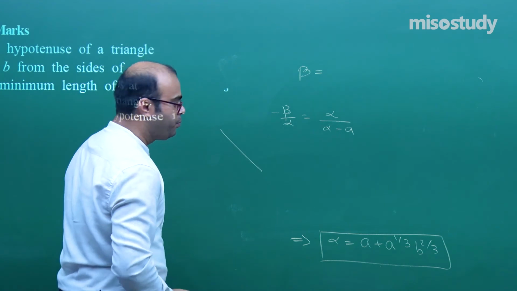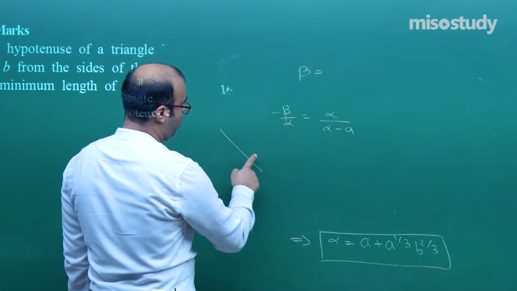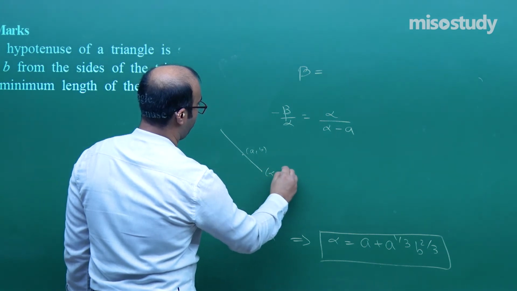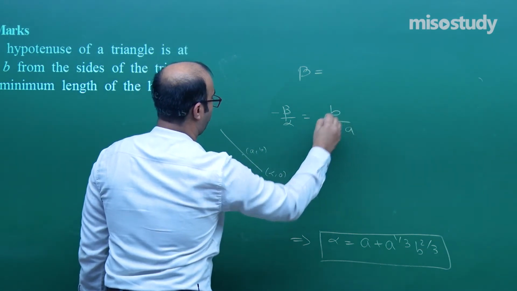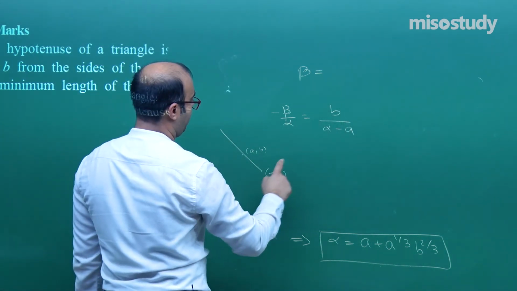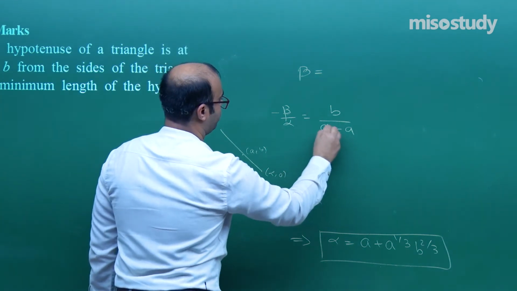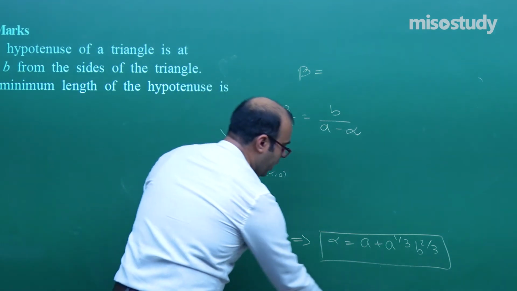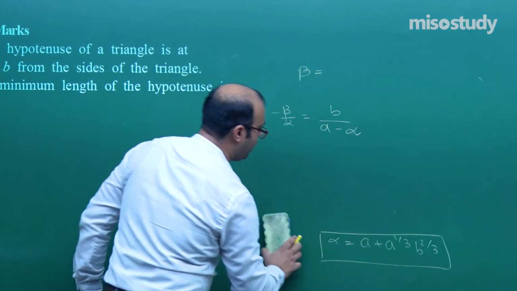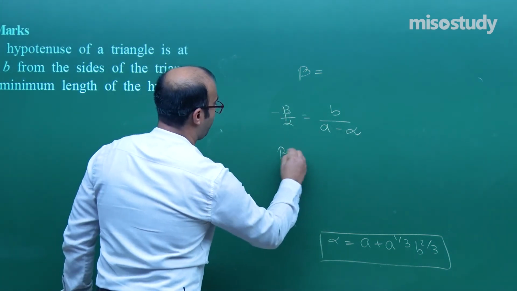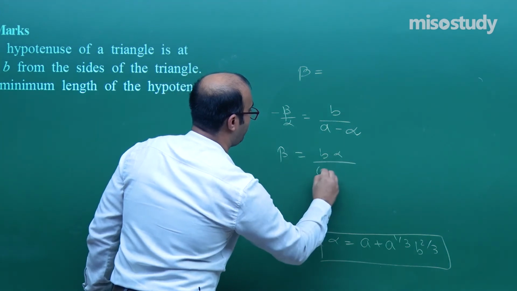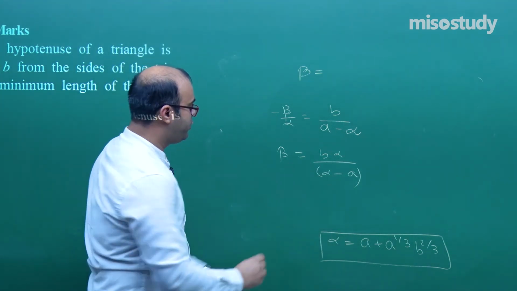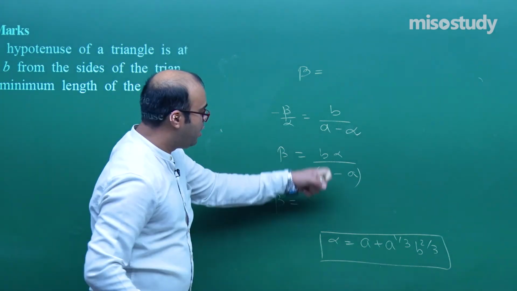That is what we had, and what we wrote there is that this beta is equal to b alpha by alpha minus a, right. So from here we have got alpha. Now let us find beta. Beta will be b alpha.